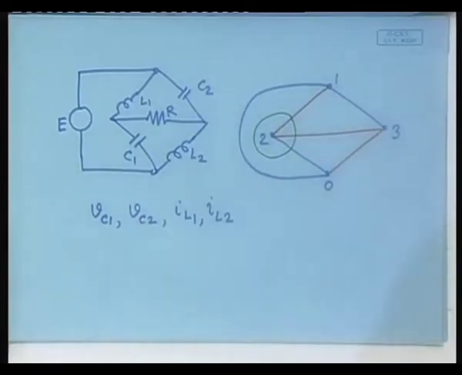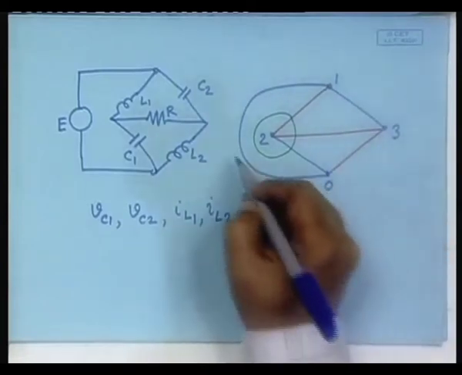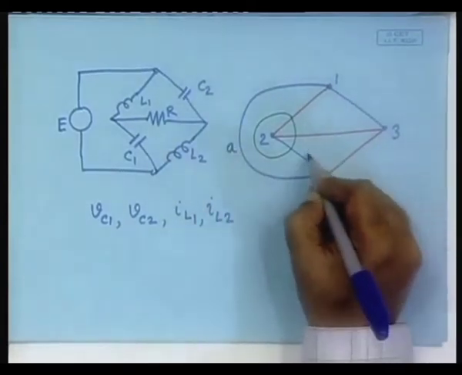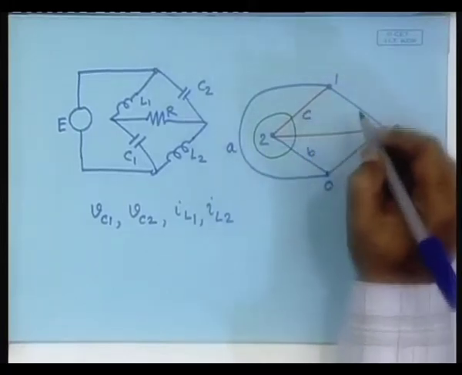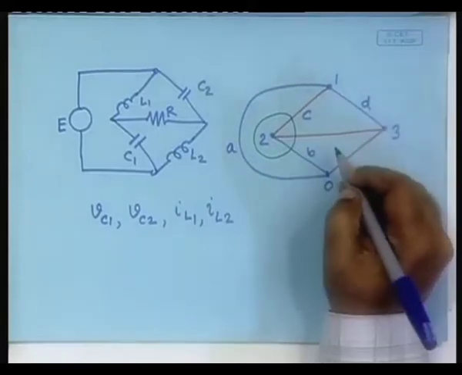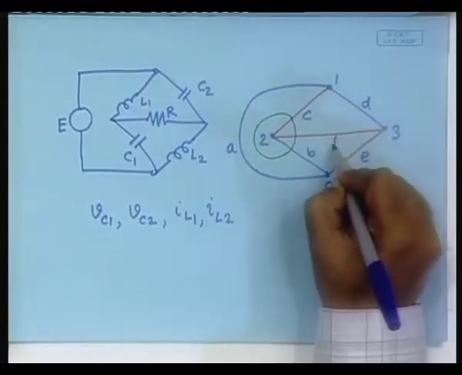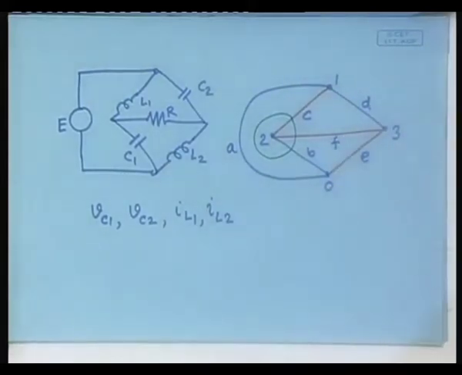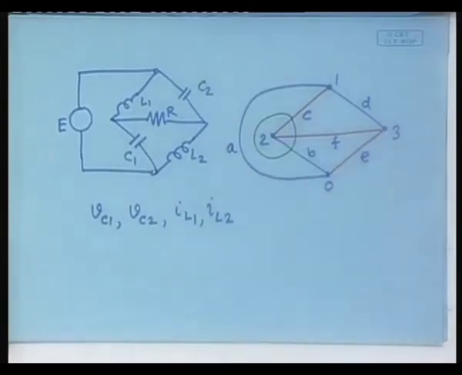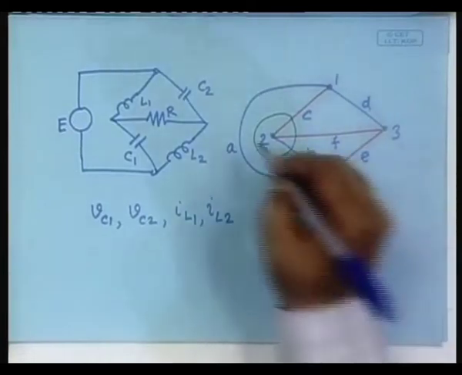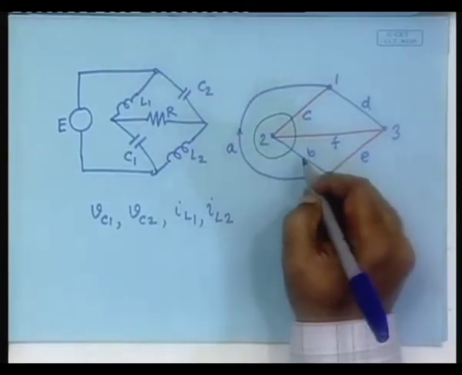We have to give the labels, so let us say A, B, C, D, E and F. Fine. So, now we can directly write directions. Yes, give directions. Obviously, they are arbitrary. So, let me give directions.